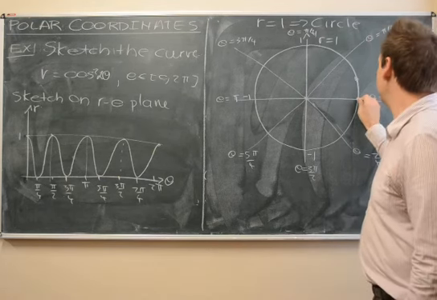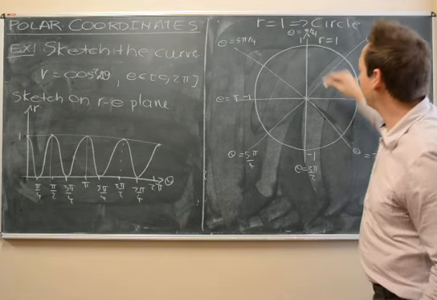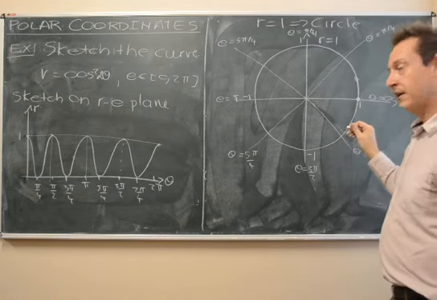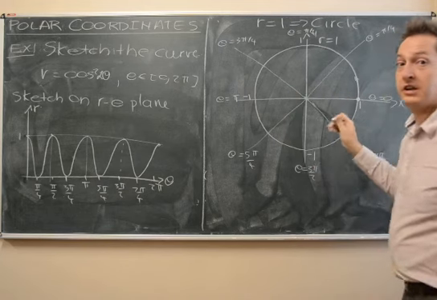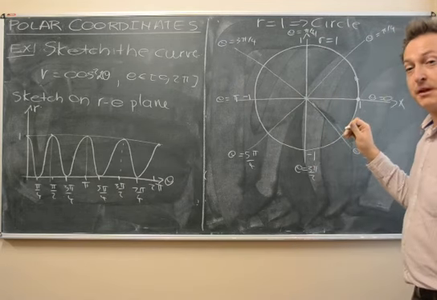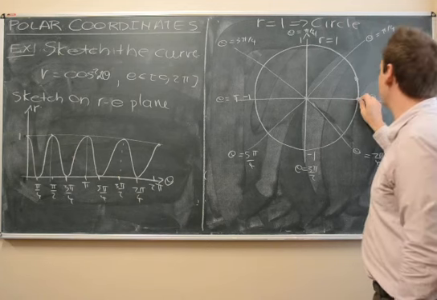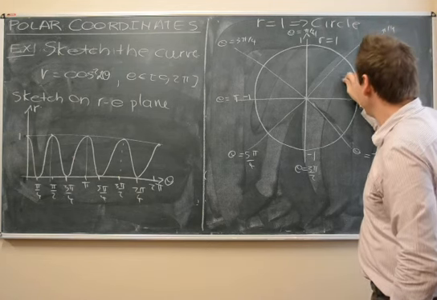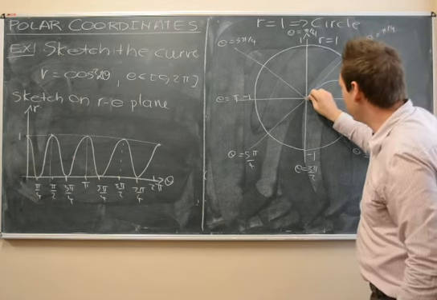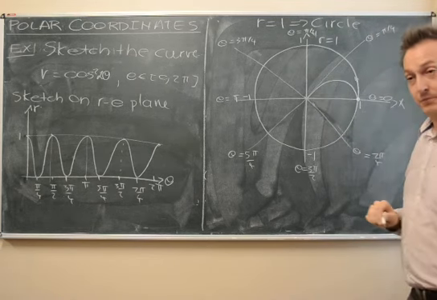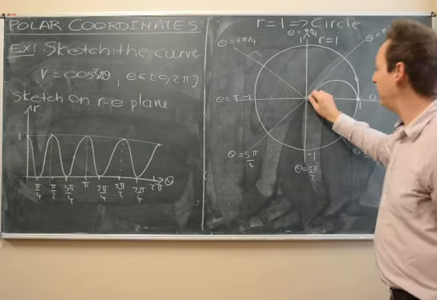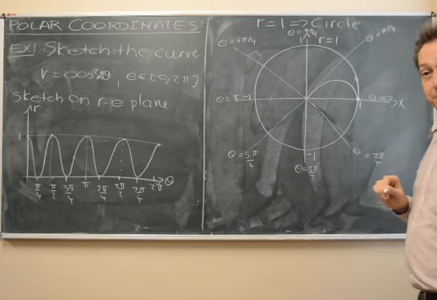And remember, r gives you the distance from the origin. So if r decreases, it means we have to move closer to the origin. So we're going to move closer and closer to the origin until we get to the origin when theta is pi over 4.